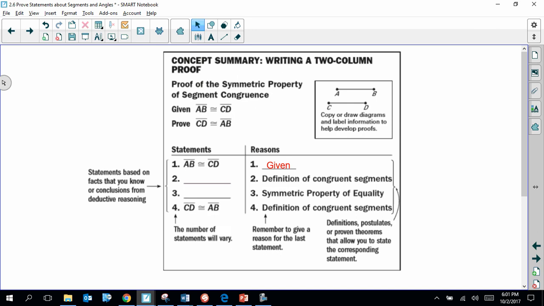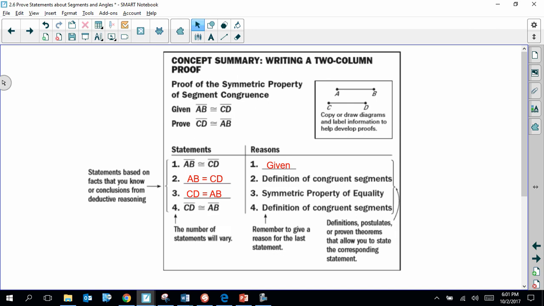Well, if they're congruent to each other, then that means they must have equal lengths. So that's the definition of congruent segments, that they have to have the same length. Well, if AB is congruent to CD, then that means that CD must also be congruent to AB.